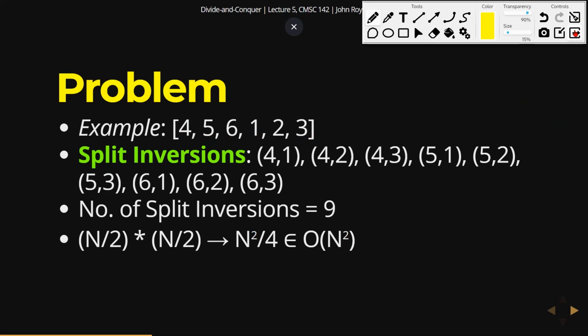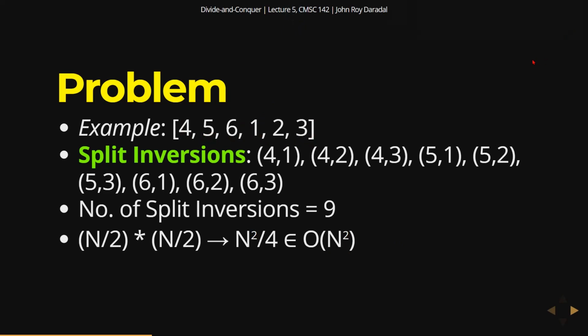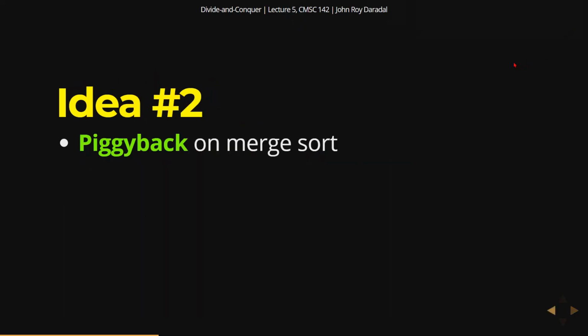Okay, so now with this, what we'll do is we'll add another idea, which is to piggyback on merge sort. Now, what do we mean by piggyback? We'll basically ride on merge sort to accomplish the counting of split inversions in linear time.